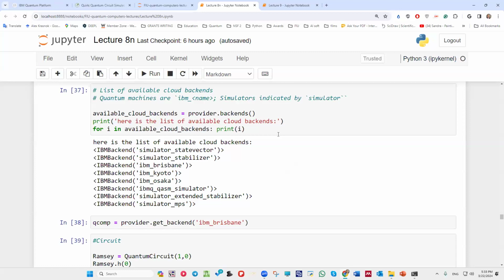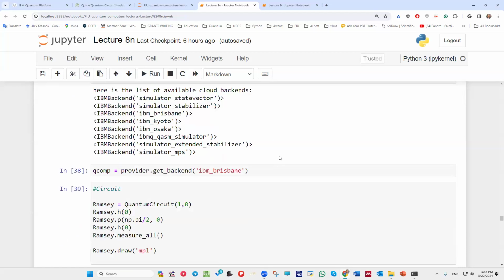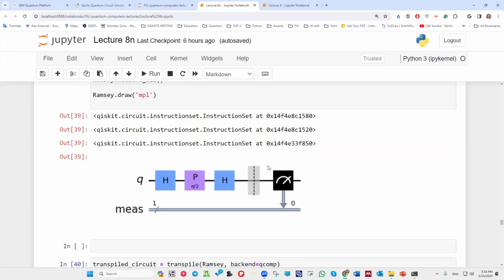So you can constructively interfere to increase the probability of the state, or destructively suppress the probability.